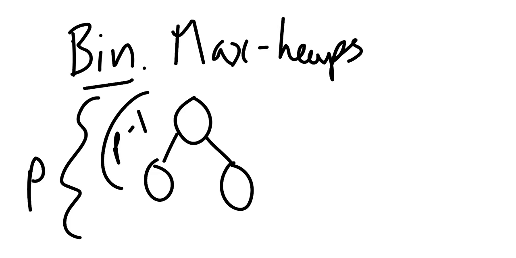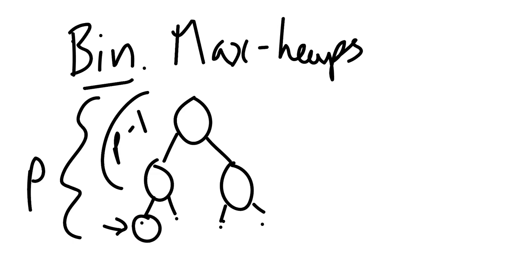So all p minus 1 levels will be complete, and the pth level, the last level, will be almost complete, or it may or may not be complete. It certainly could be the case that it has all these nodes and it's a complete level. So that's possible. Or if it's not complete, then it has to be complete from left to right.